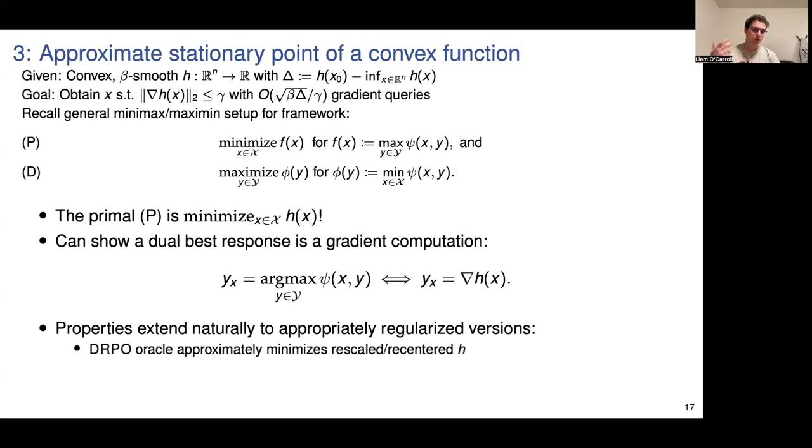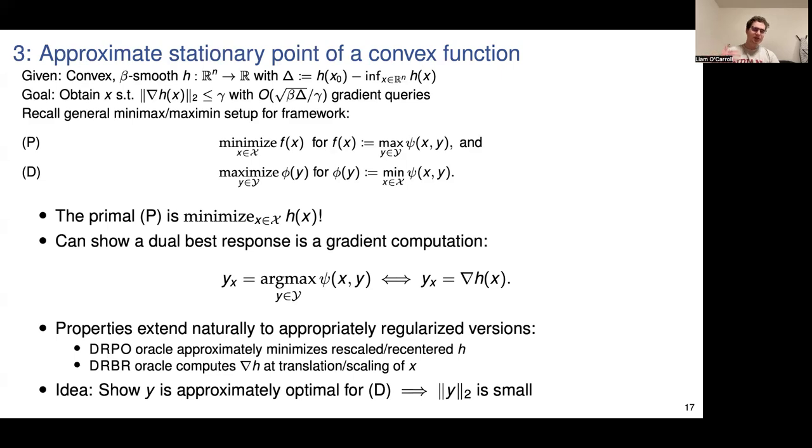In particular, the dual regularized primal optimization oracle corresponds to just approximately minimizing a rescaled and recentered version of h. So we can implement this oracle by using some fast method for minimizing a convex and smooth function using gradient queries. And the dual regularized best response oracle, again, can just be computed using a single gradient query to h at some translation and scaling of the primal point given as input x.